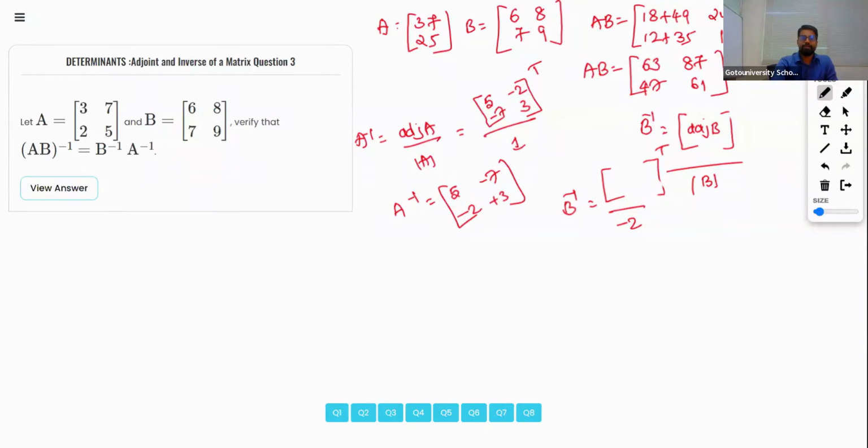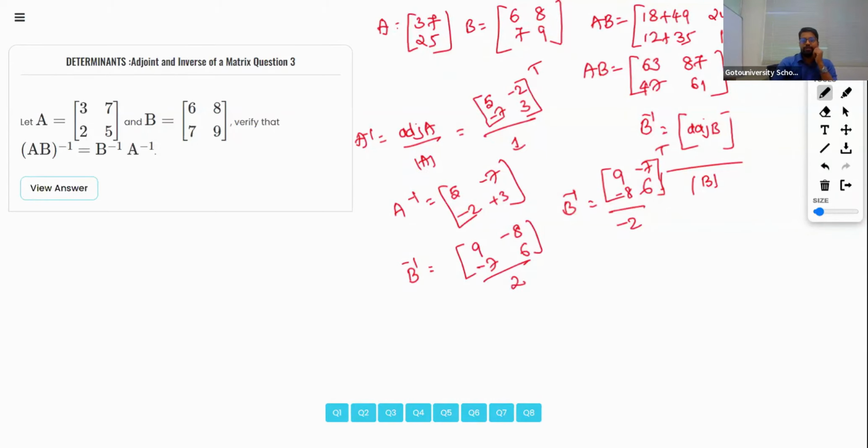What is the cofactor of 6? 9. What is the cofactor of 9? 6. This is minus 7, this is minus 8. So far everything is fine. And the transpose of this is 9, minus 7, minus 8, 6, divided by minus 2.